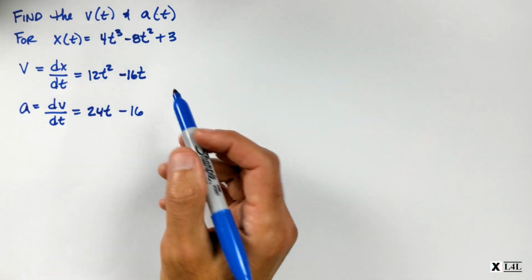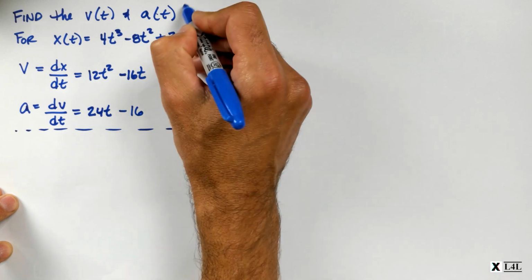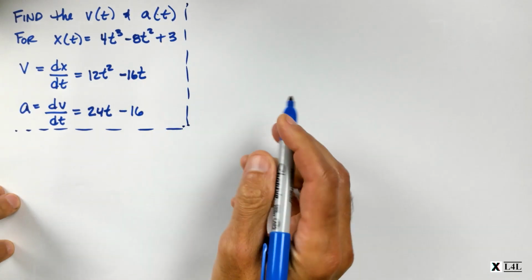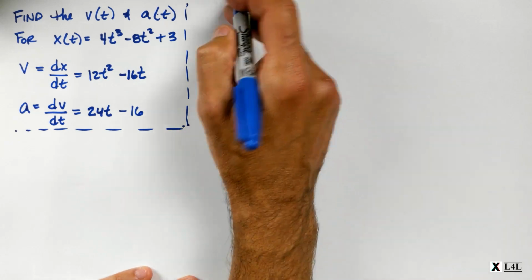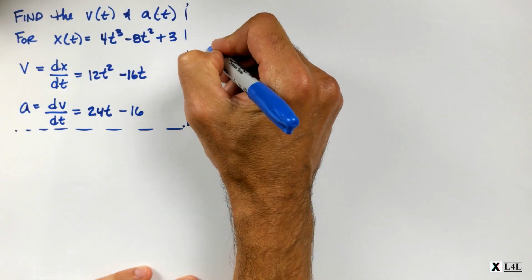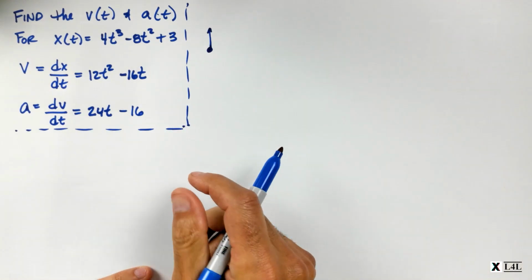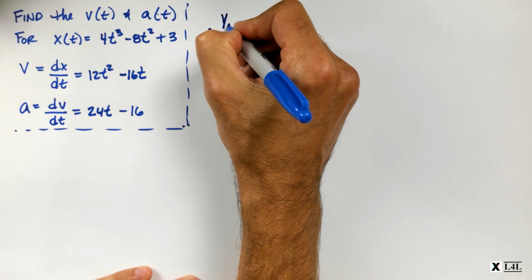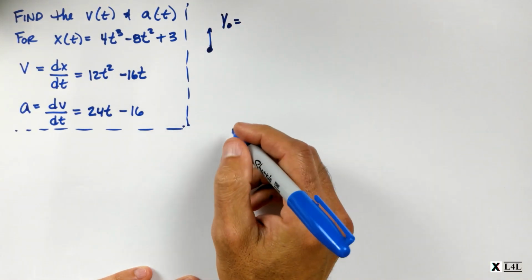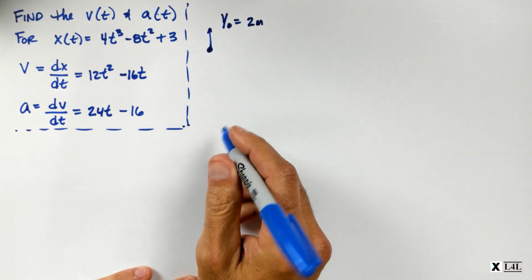All right, so let's take a look though. I'm just going to mark this off here, and let's look at a UAM situation. Let's say that we're going to take this baseball and throw it straight up into the air. The initial position, I'll use y sub naught. That ball is getting released, let's say, 2 meters above the ground.